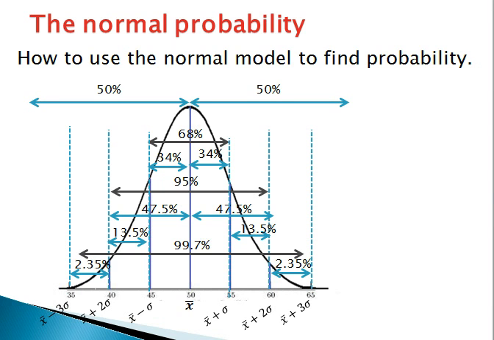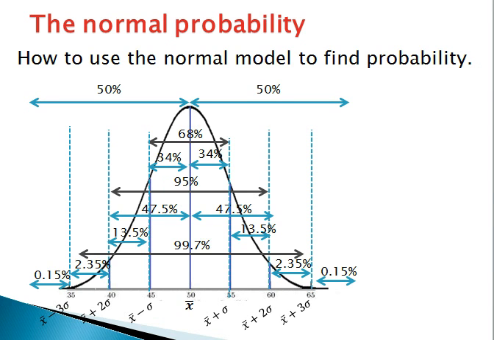Same goes for 99.7. And if we think about what's left there, you get a 2.35%, right? It might be good for you to calculate it again just to have an idea how you do it, but here are the actual values. Okay, and then the outside of that, because 99.7 is not 100% yet.